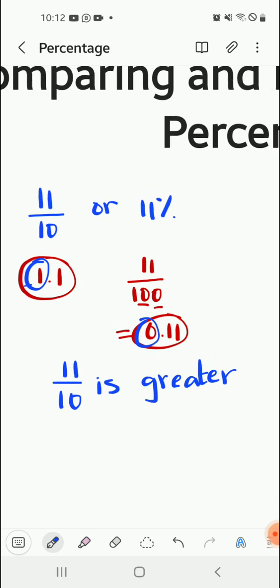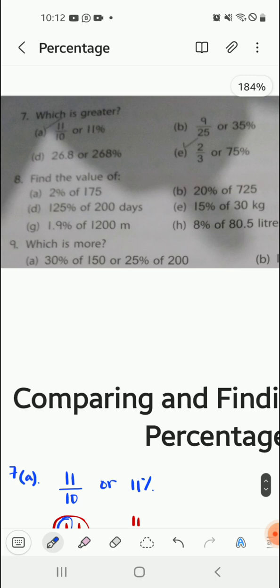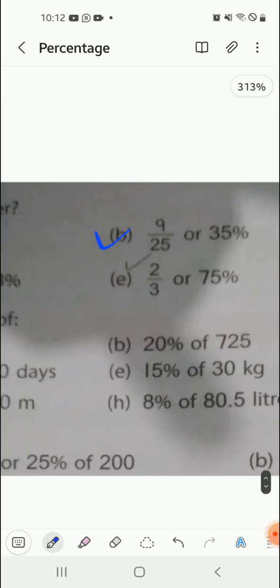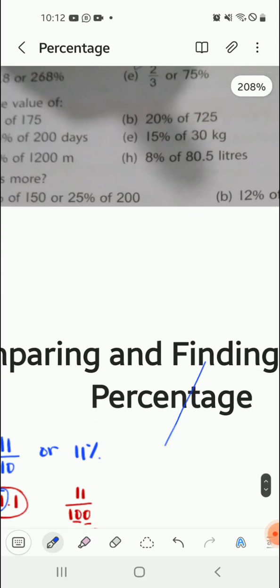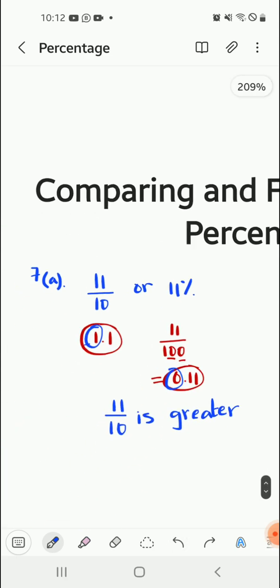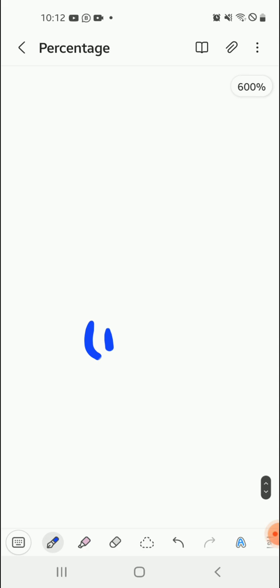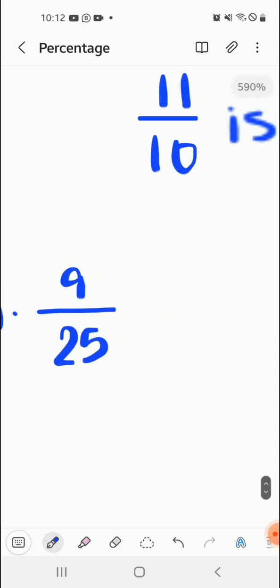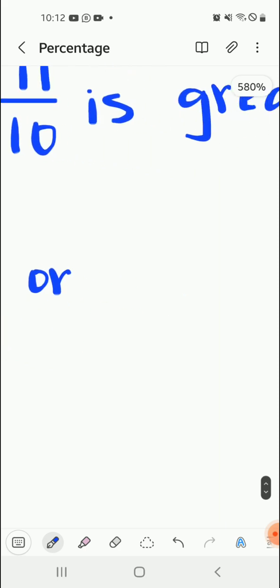Moving on to the next question. 9 by 25 or 35%.